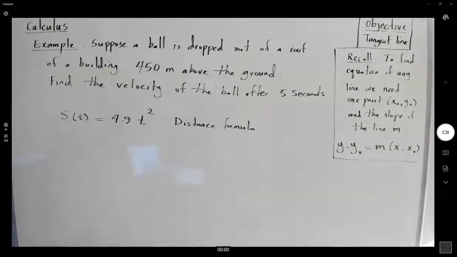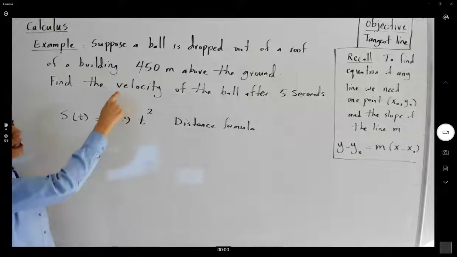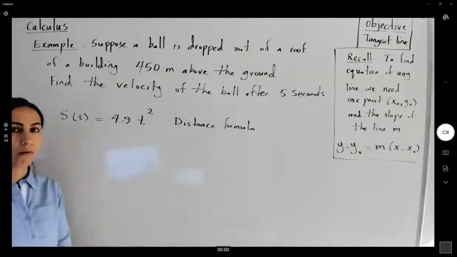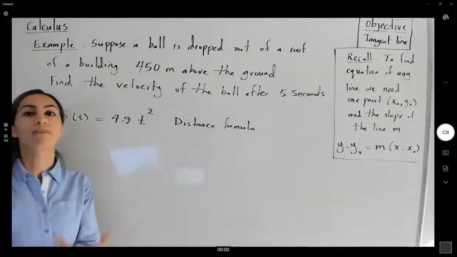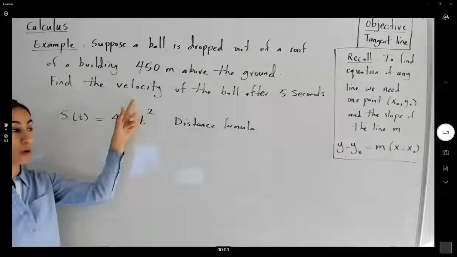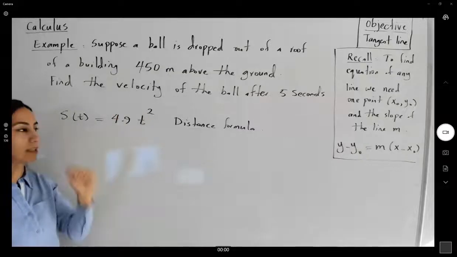Very well. Okay. Can I find the instantaneous velocity? Is it possible? Or can I only find the average velocity? In this case, I'm only able to find the average velocity.